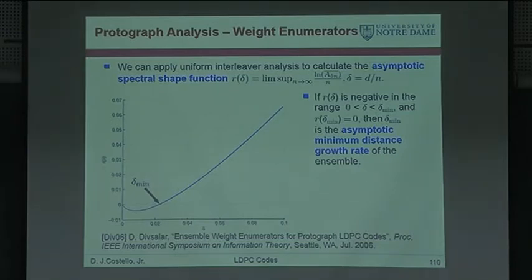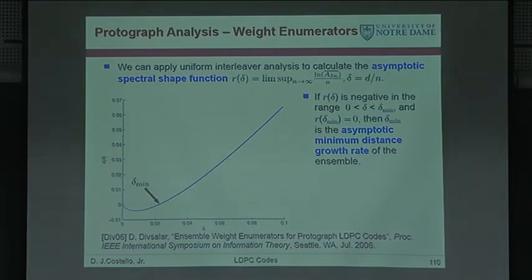And if it's negative, the exponent is negative, which means the probability that there are codes in the ensemble with minimum distance equal to this value is going to 0, exponentially, as n gets large. So it's saying that as n gets large, the probability that any code in this ensemble has a minimum distance in this range is 0.